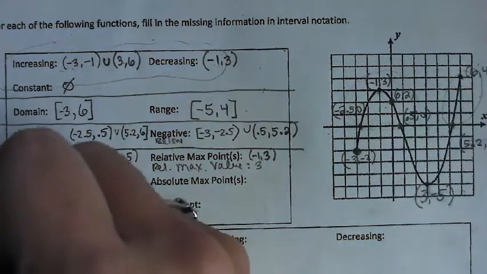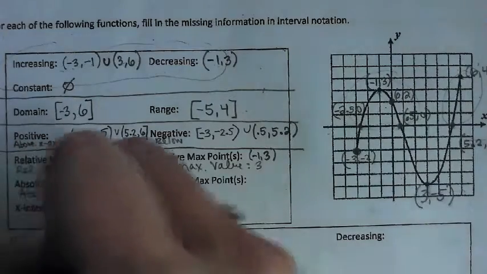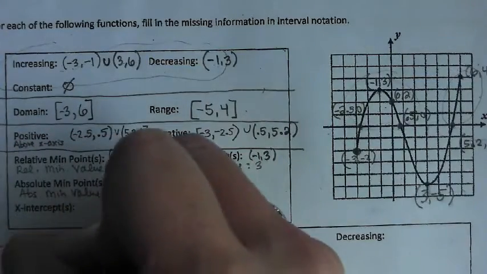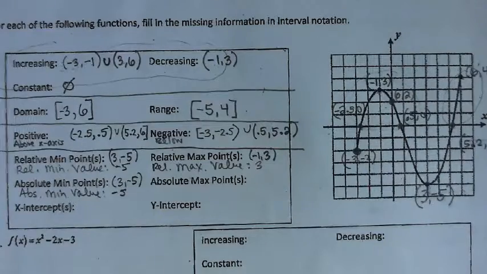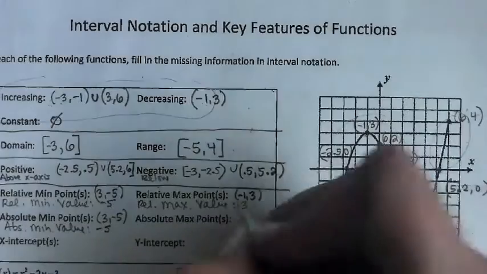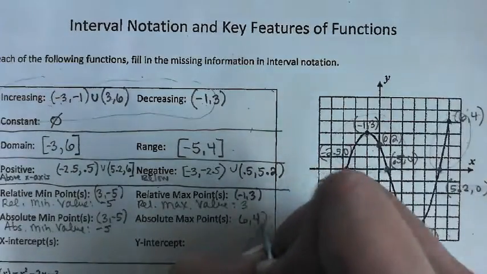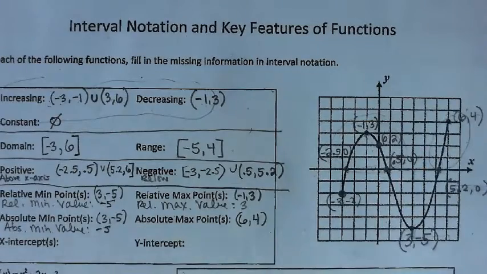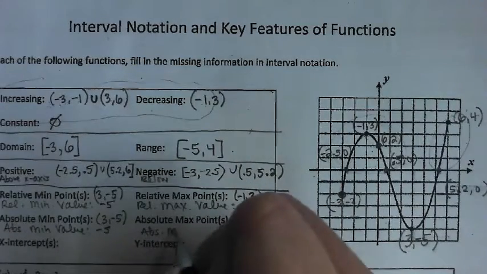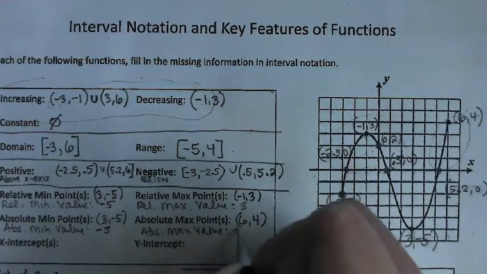If they ask you for the absolute minimum value, again, you're just going to give the y coordinate of negative 5. How about the absolute maximum point? Connor. (6, 4). Now that's different than the relative maximum, which can happen. And therefore the absolute max value is just 4.